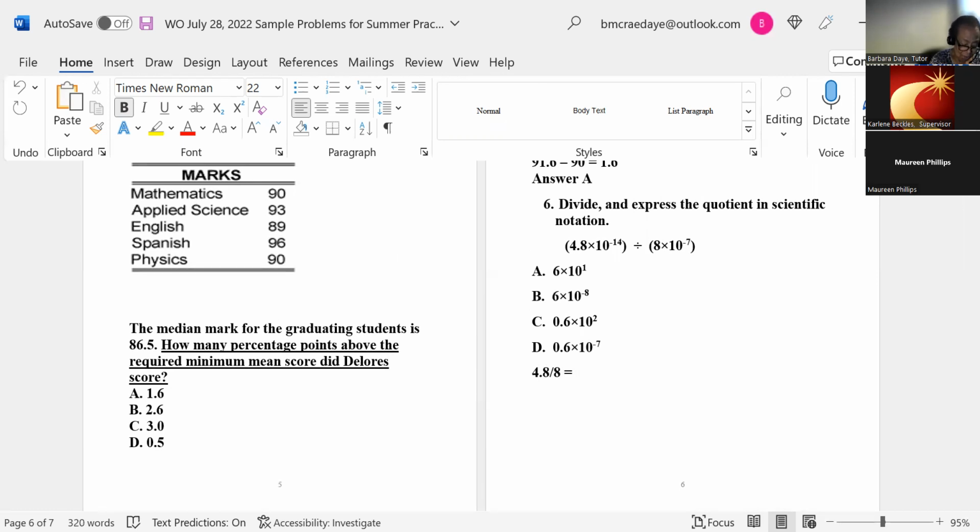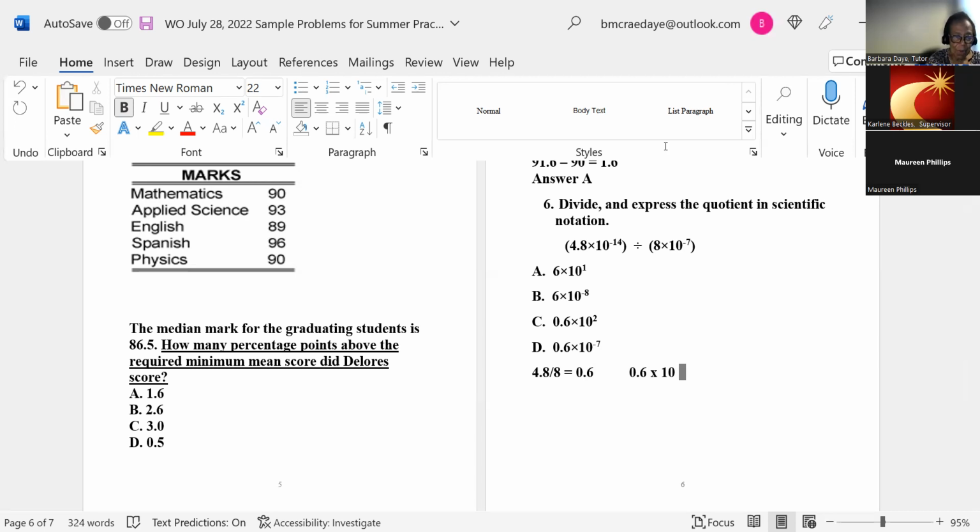You got 0.6. Now multiply 0.6 times 10 to the what? The power of 10 minus 7.